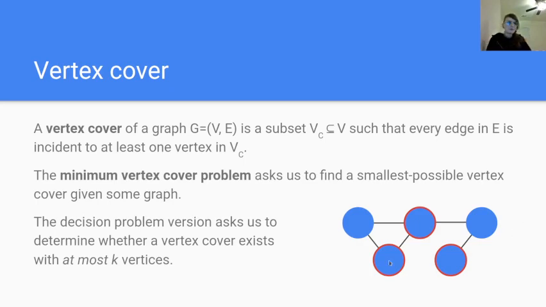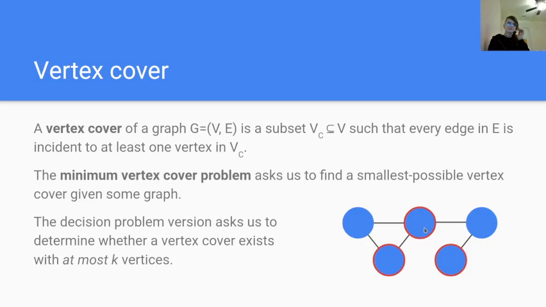Here's an example of a graph down here. And we have chosen a vertex cover by surrounding them in red circles. So every edge in this entire graph, there's 1, 2, 3, 4, 5 of them, is incident to at least one of these vertices in our vertex cover. This one's incident to both of these. This one's incident to this one, this one's incident to this one, this one's incident to this one.